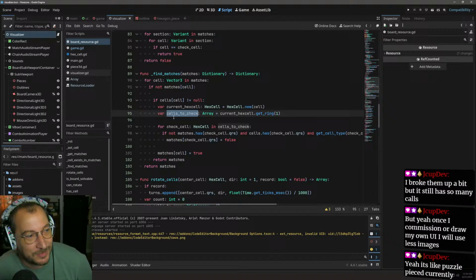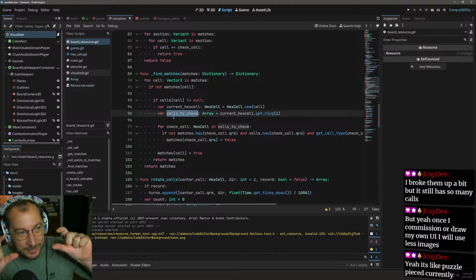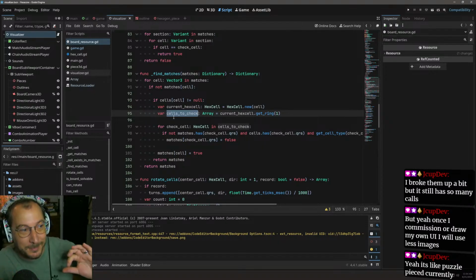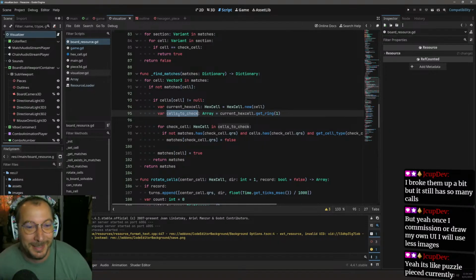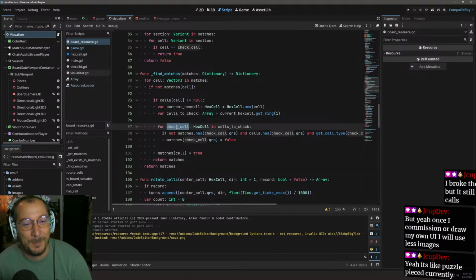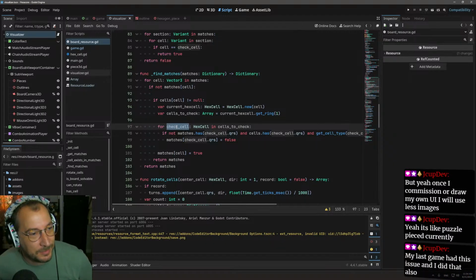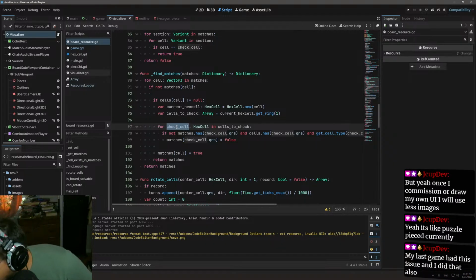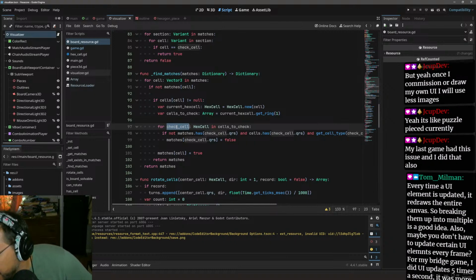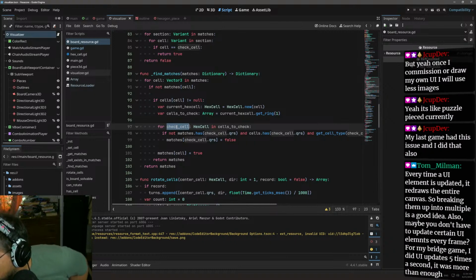Back in the day, we'd have an image for the corner pieces, an image for the top strip, an image for the left and right sides, and an image for the bottom corners. That was the best way to do it back in the day, back when using tables was more consistent than divs. My last game had this issue, and I did that also.